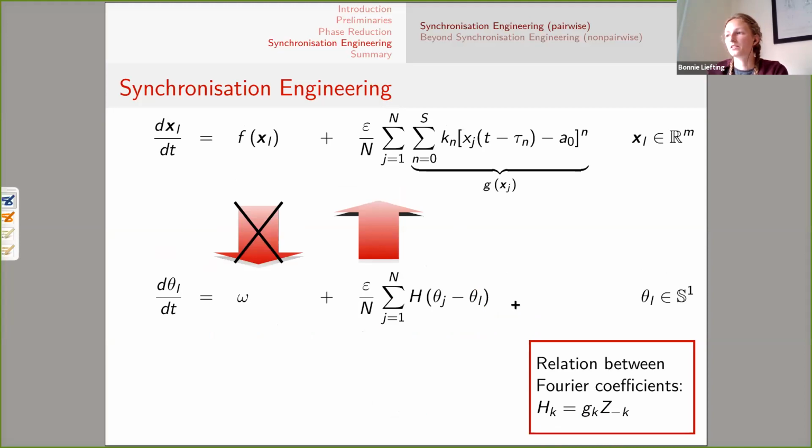So yeah, this is the feedback that is used by synchronization engineering now. It's just a summation, adding up different orders. So we have this gain parameter, which is determining the strength of each of these terms.